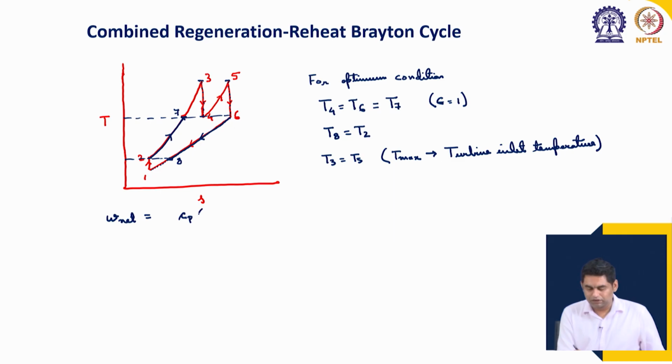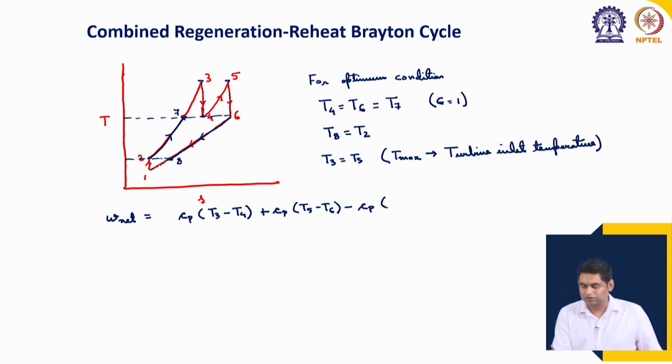So, C p (T 3 minus T 4) plus C p (T 5 minus T 6) minus C p (T 2 minus T 1).